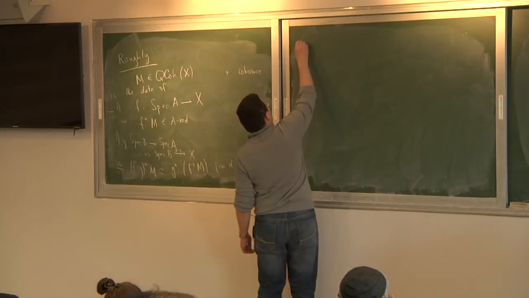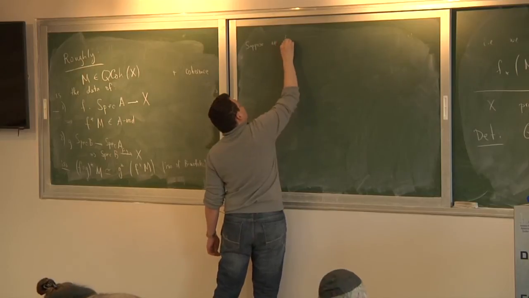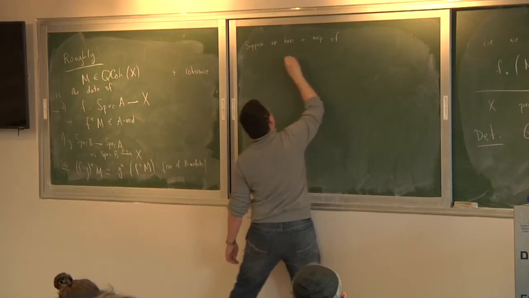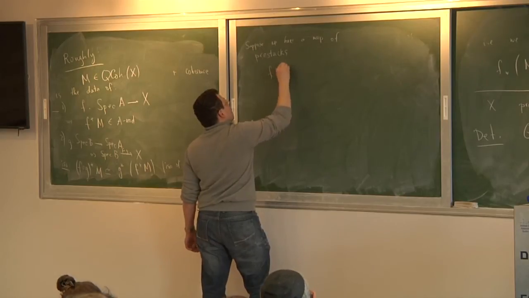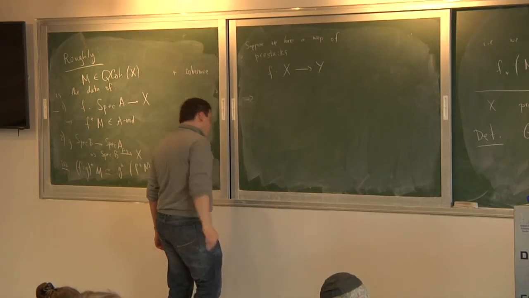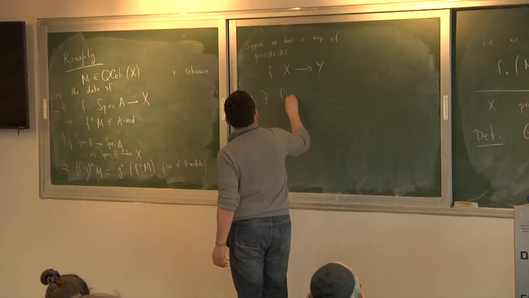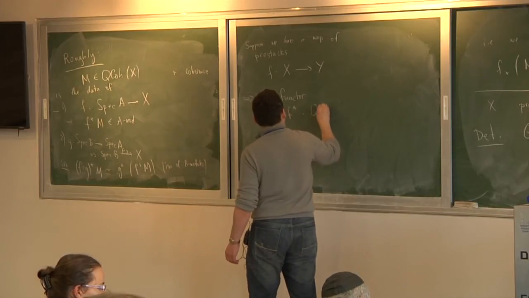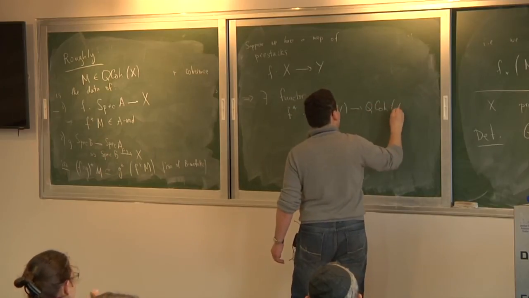But now, suppose we have a map of prestacks from x to y. Then I claim, just from the construction, there's a functor f upper star from quasi-coherent sheaves on y to quasi-coherent sheaves on x.